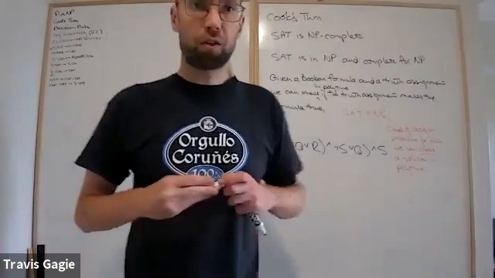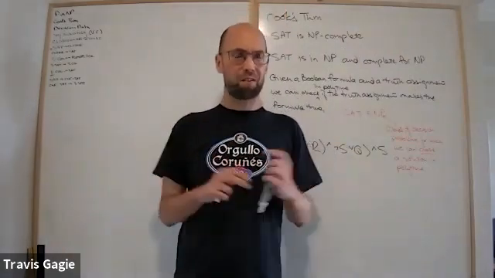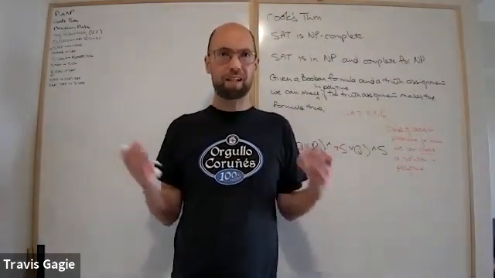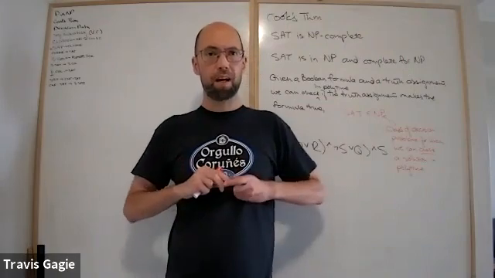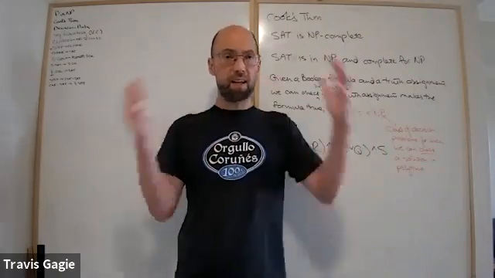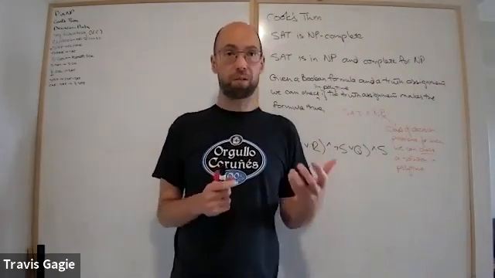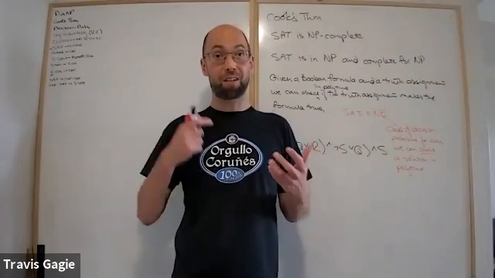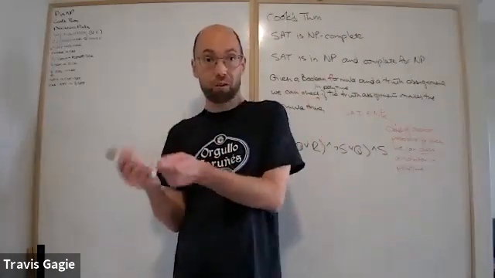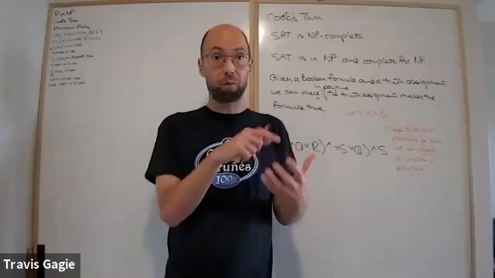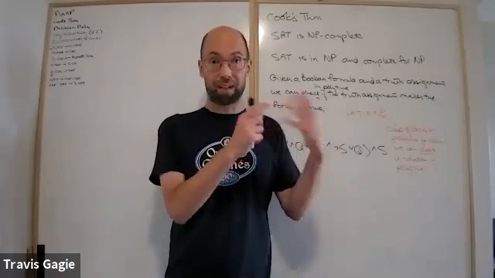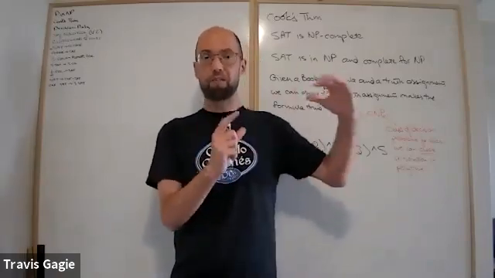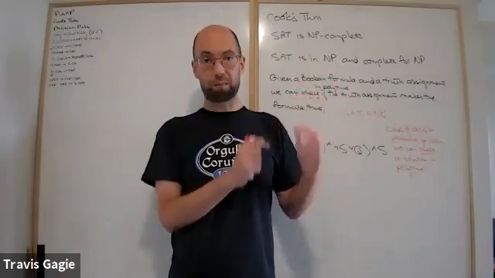Okay, so you think NP, it's a big class. It's any problem where if somebody gives you the problem and gives you a solution, you can check the solution in time polynomial in the size of the problem, the size of the piece of paper on which you wrote the instance of the problem, okay?